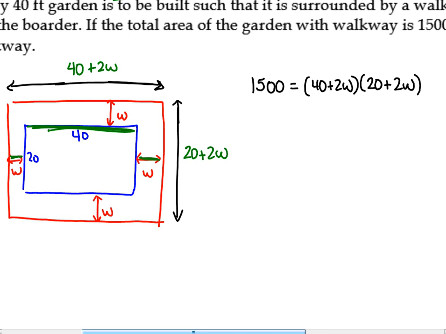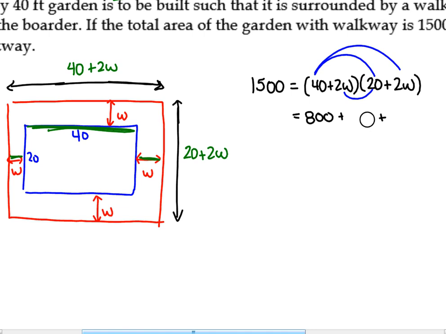Okay, so let's do this quickly. 40 times 20. 800? Okay, that's okay. 40 times 2W, 80W, 2W times 20. Did I forget a 0?